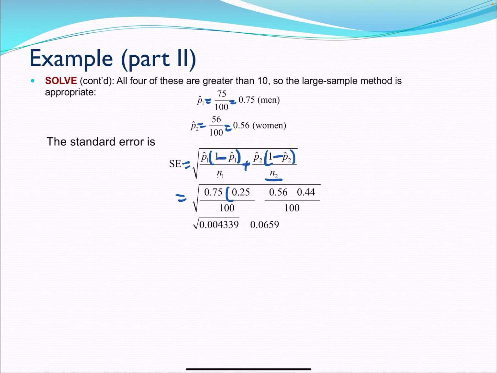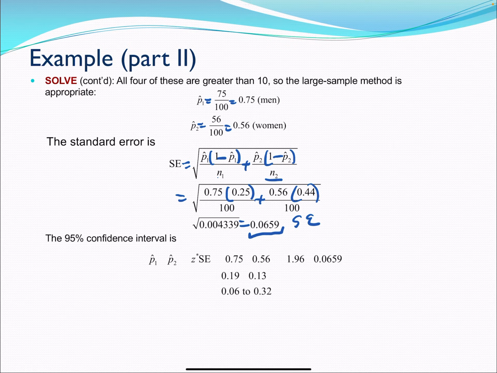We substitute in our values, and we find that we have a value of 0.065. That's my standard error.